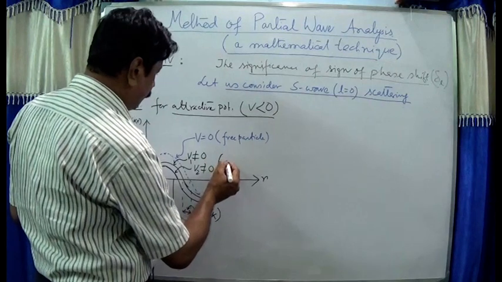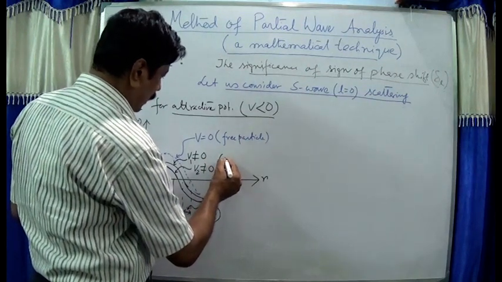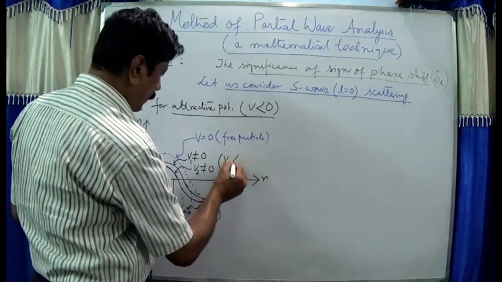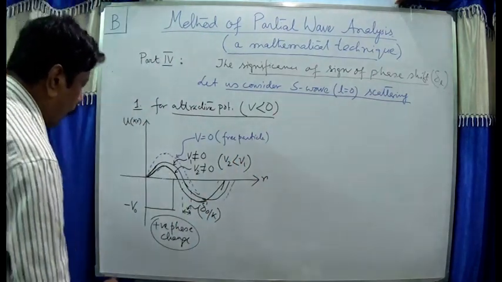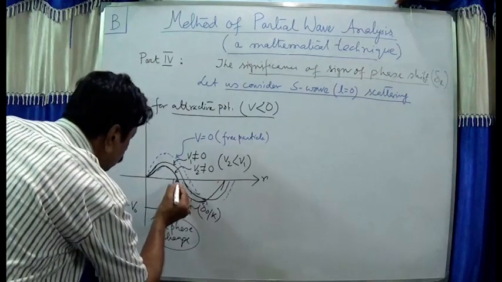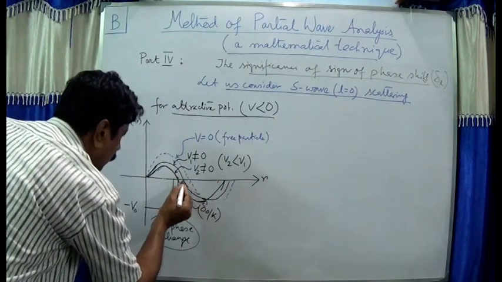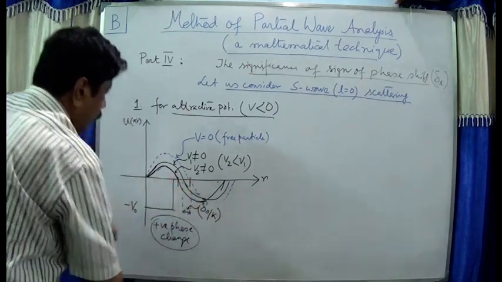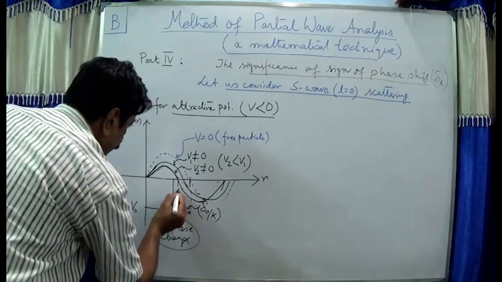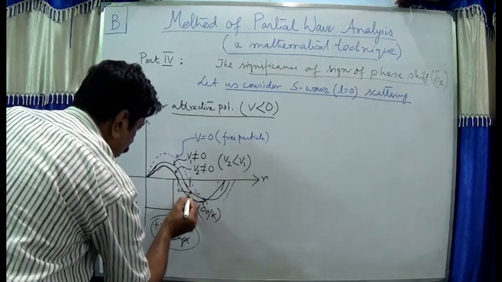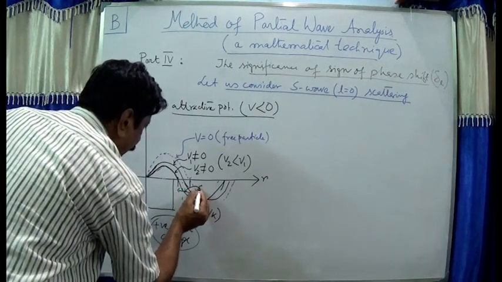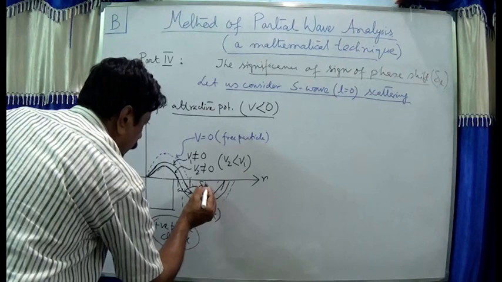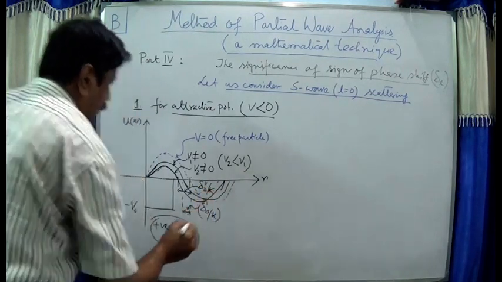And also let us mark it in this way. Thus V2 is greater than V1. So for the case of V2, the phase change is larger. So this will be the change of phase, that is delta 0 double prime by K sec.